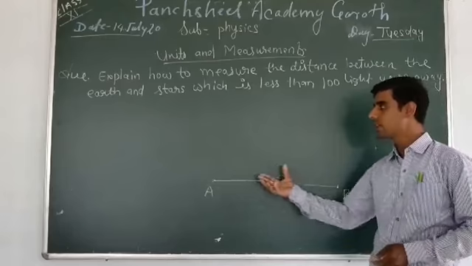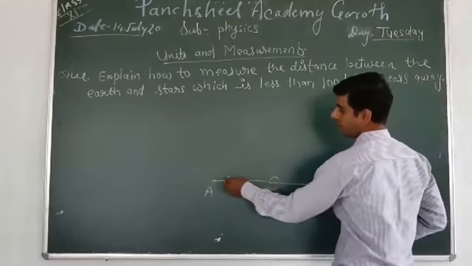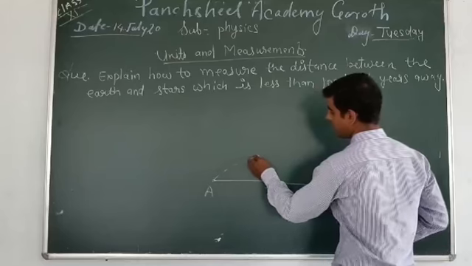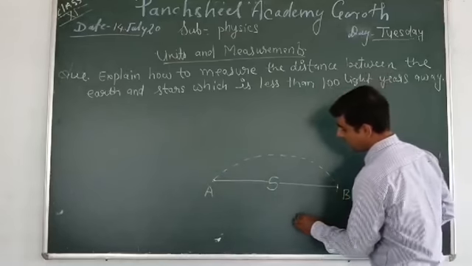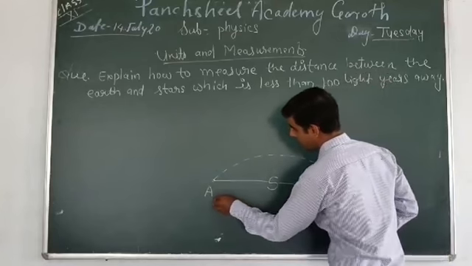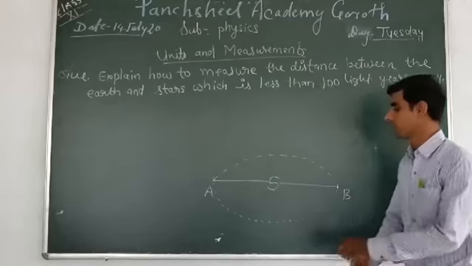This is the orbital path for the revolution of earth.